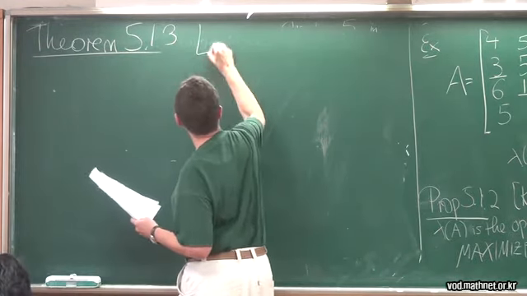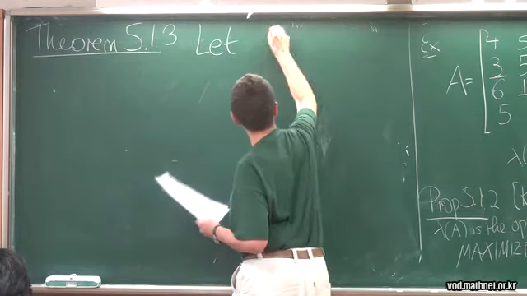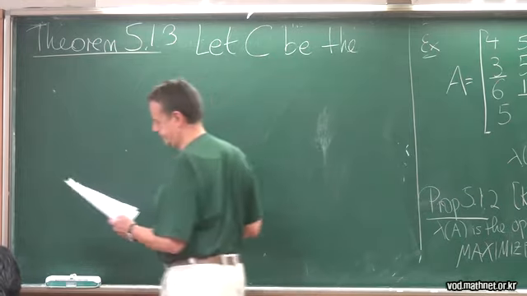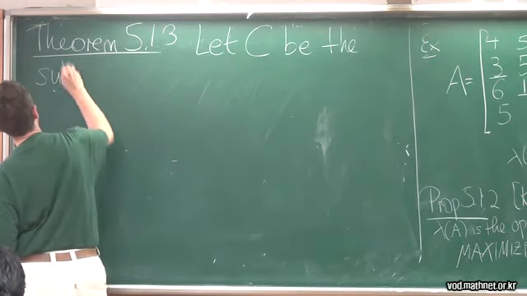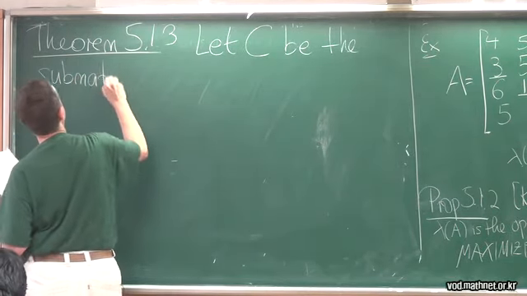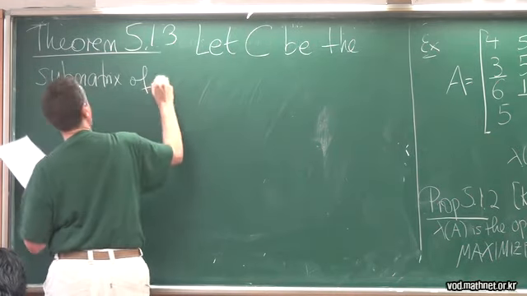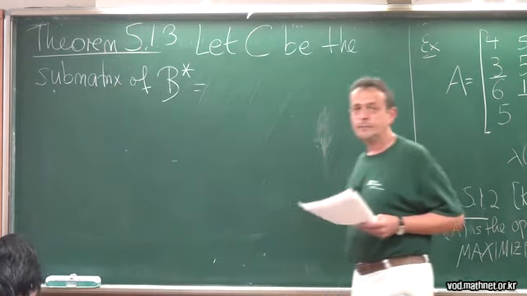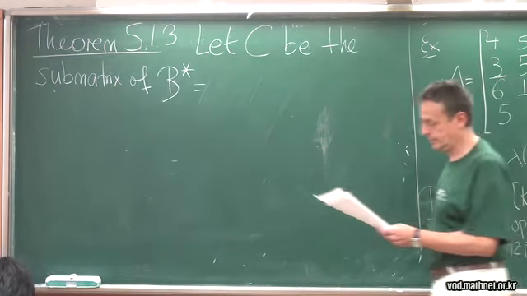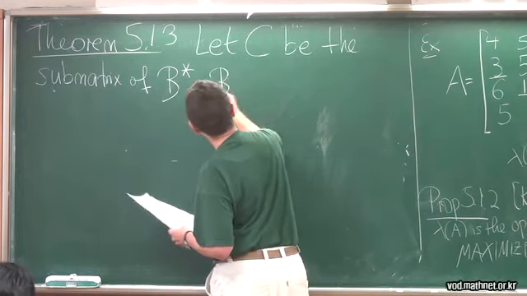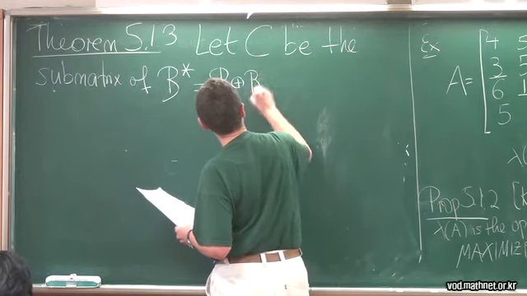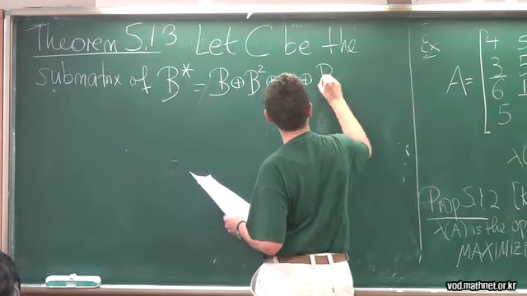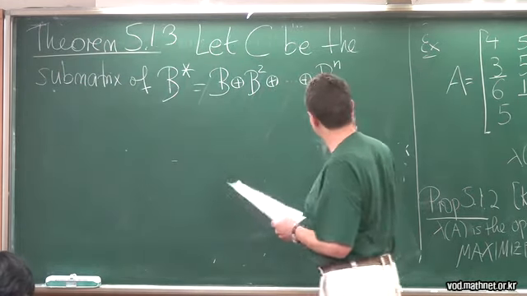Okay, I'm going to introduce one more matrix I'm going to call C. Let C be the submatrix of B star. Okay, so what's B star? B star is the Kleene star of B, which by definition is B plus B squared plus up to B to the n. I'll explain this in a moment.